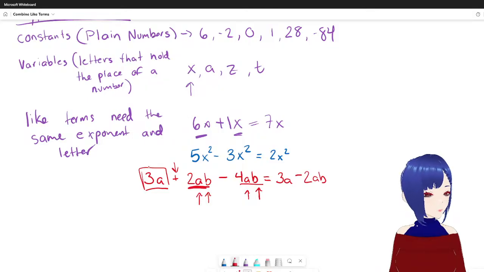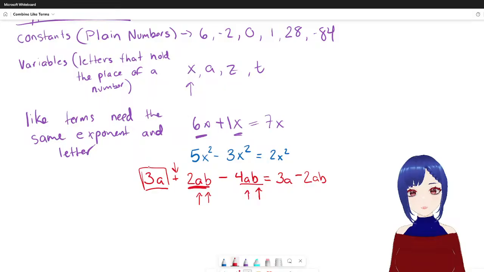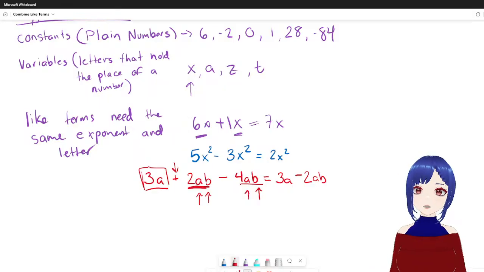That would be AB. So that will be the answer for that one. So with combining like terms, the key thing here is you want to make sure in each term the numbers and letters and exponents match up.